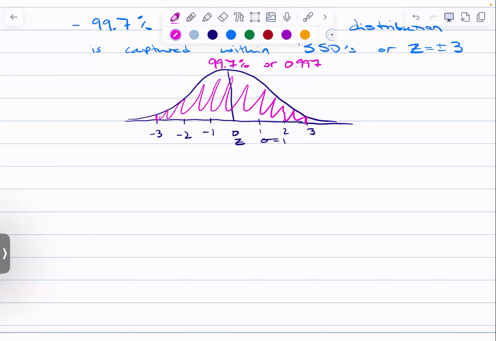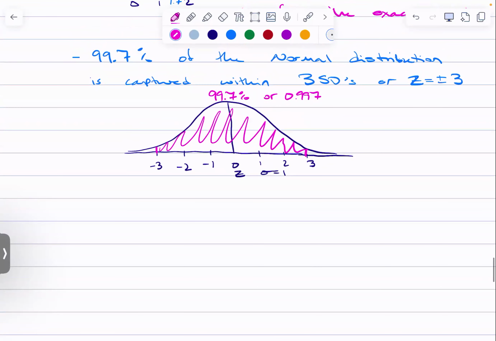Which means 1 minus 0.997, which is very, very small. Scientific notation, I wanted the decimals. Okay. 1, 2, 3, 3. Okay. Is split evenly between the tails, right? By symmetry.